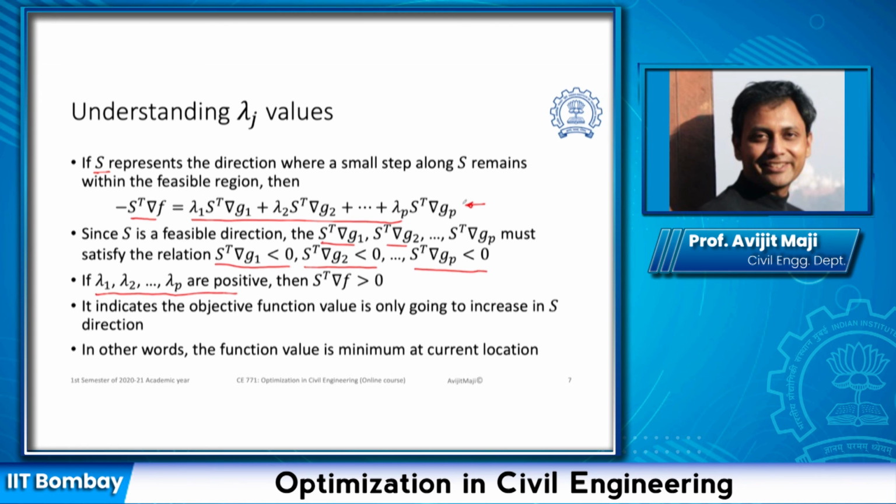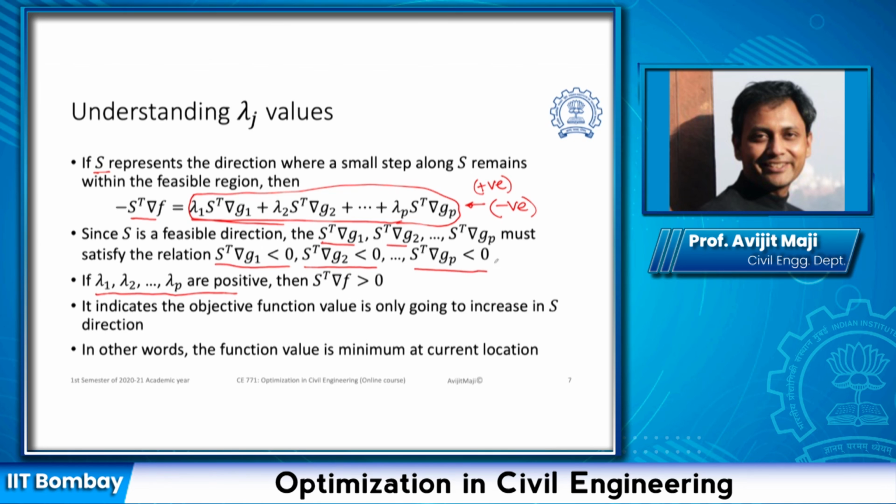Then the right hand side of the equation, we can say for sure, is going to be negative. If the lambdas have all negative values, then this is going to be positive. So first let us examine what is going to happen if all the lambdas are positive.